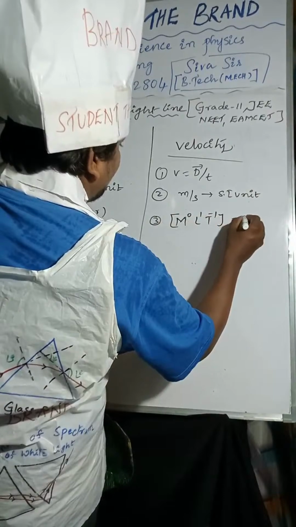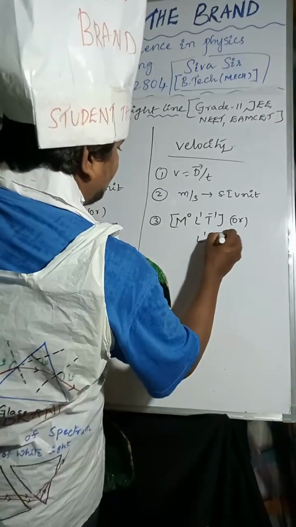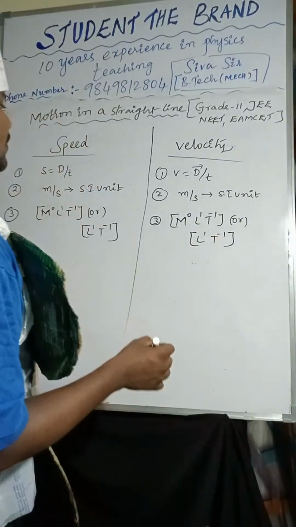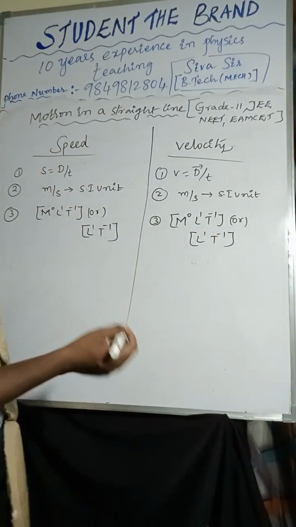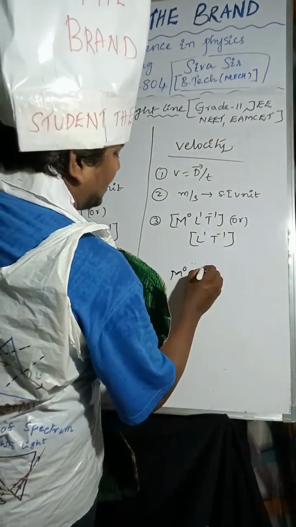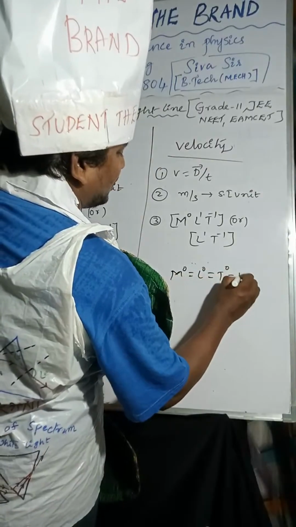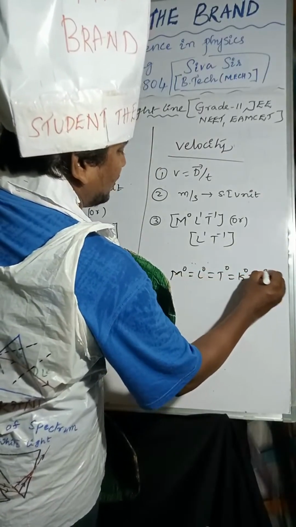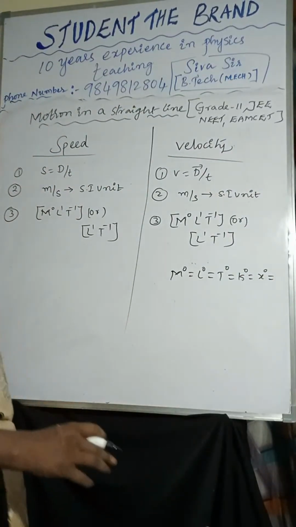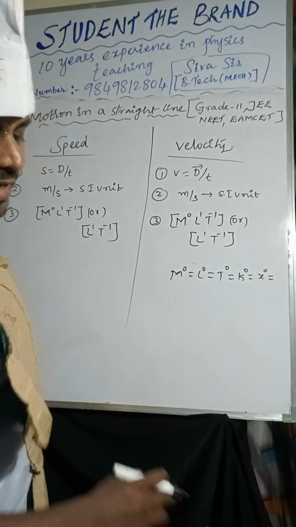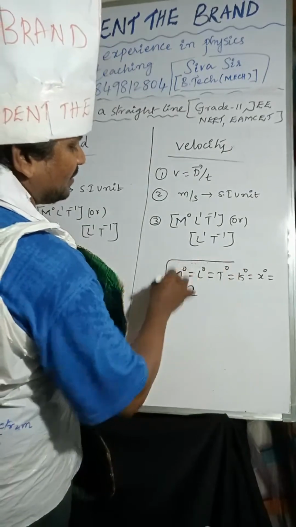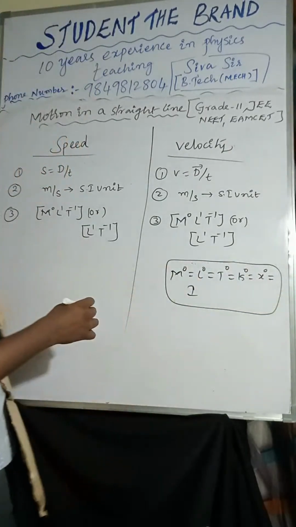So we can simply take L power 1, T power minus 1, because if you take M power 0, L power 0, T power 0, K power 0, X power 0, anything to the power 0, that is equal to 1.